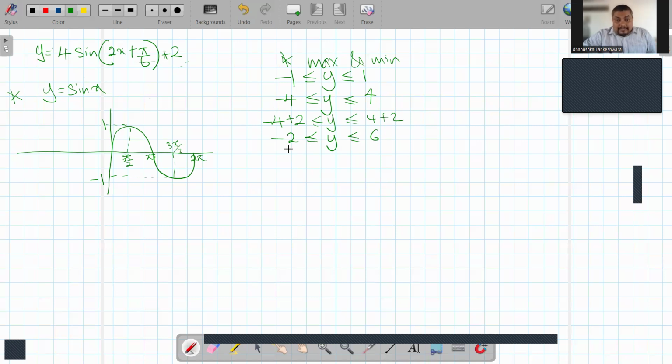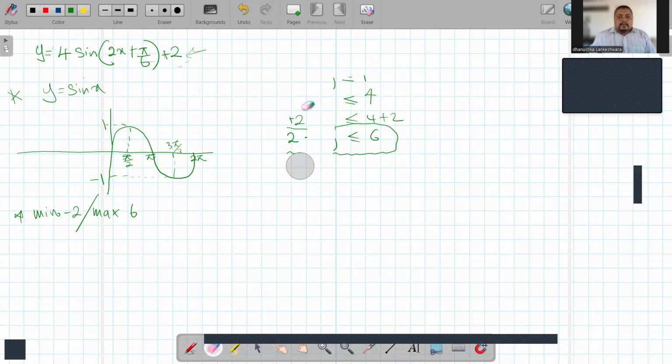So now this is the range of the graph which you are going to sketch. So the minimum value is minus 2 and the maximum value is plus 6. That is the first thing to be obtained, right? Now you know the min and max.